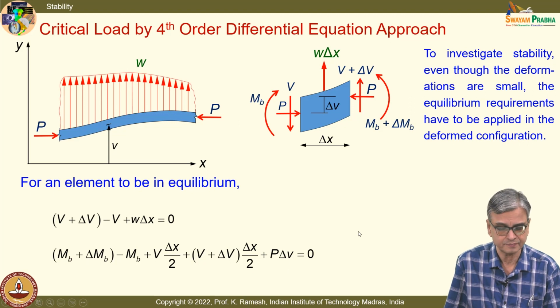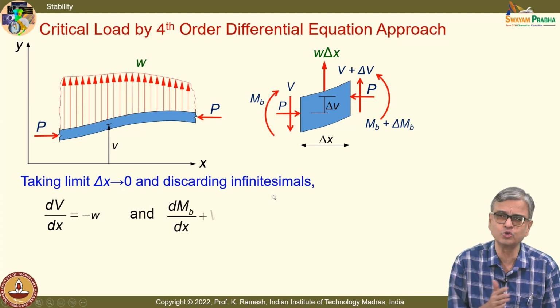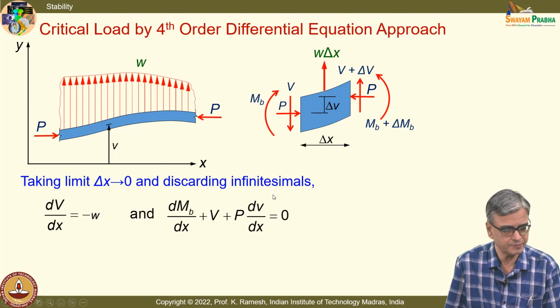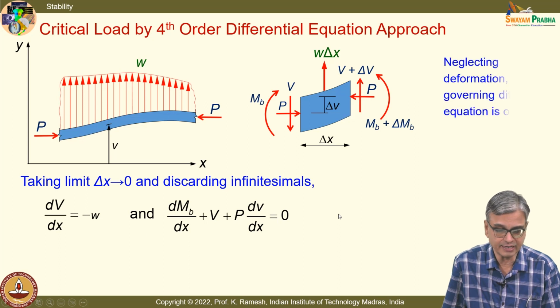Taking the limit delta x goes to 0 and discarding infinitesimals, that is a usual approximation we do. And we also know the interrelationship dV by dx equal to minus w, and using all that we have dM_B by dx plus V plus P dv by dx equal to 0. That is what I got from the earlier expression.